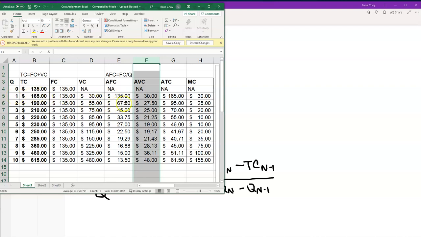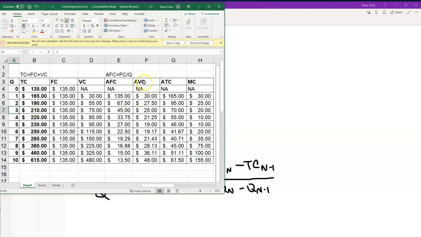This 67.5 is fixed cost divided by Q, which is 2. This 45 is fixed cost divided by Q, which in this case is 3.